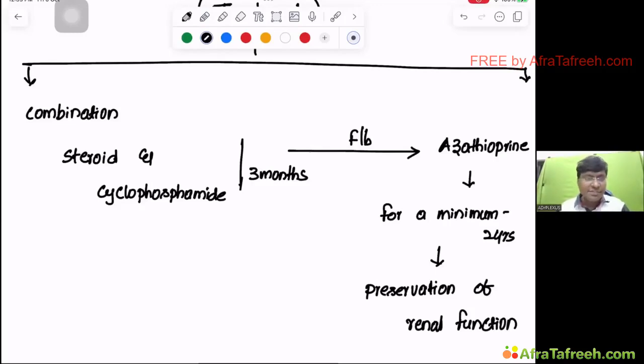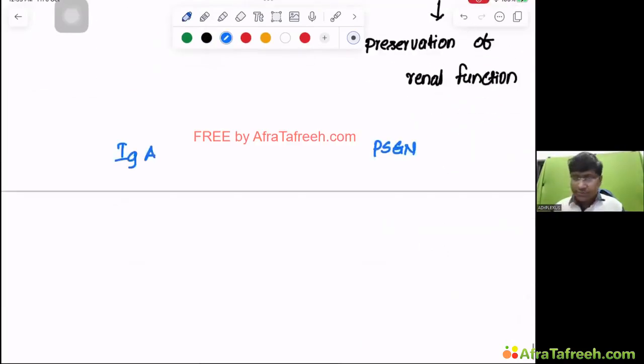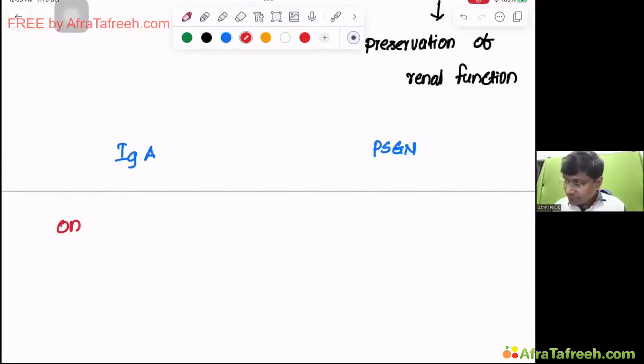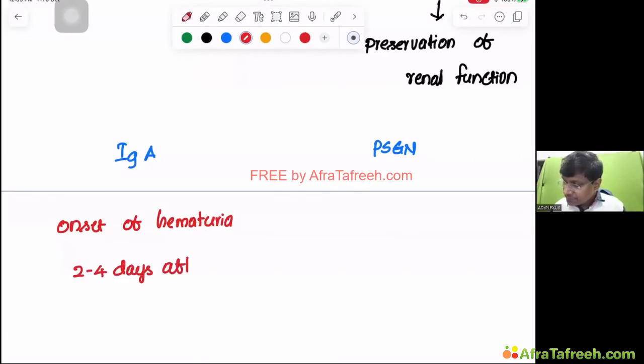And if you take some of the differences between IgA nephropathy and PSGN, on one side you have IgA, the other side PSGN. In IgA nephropathy, the onset of hematuria is 2 to 4 days after an upper respiratory tract infection.